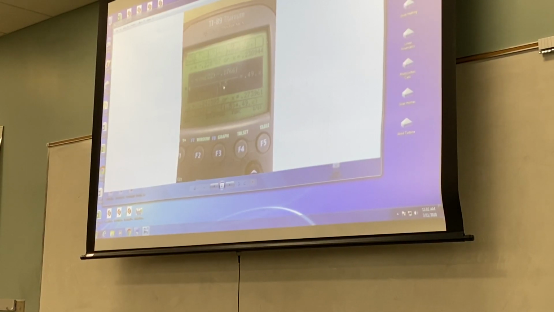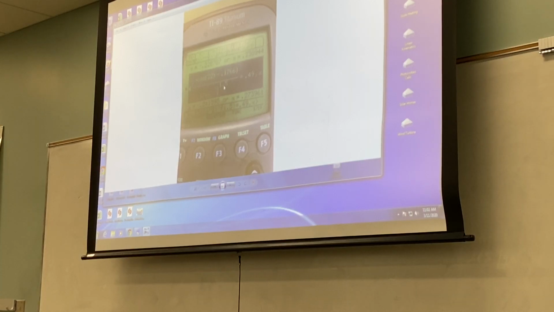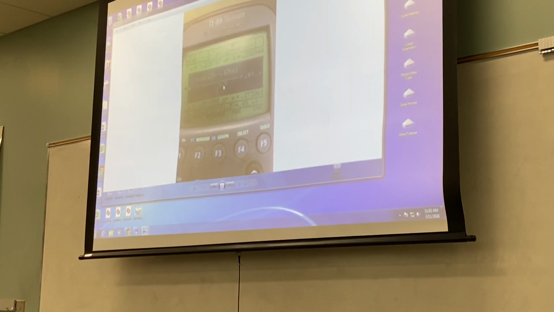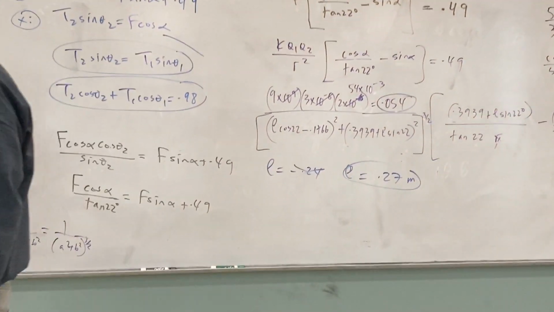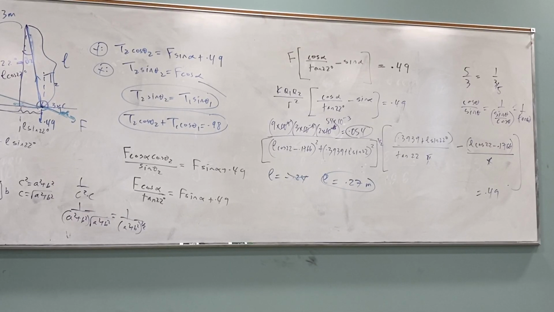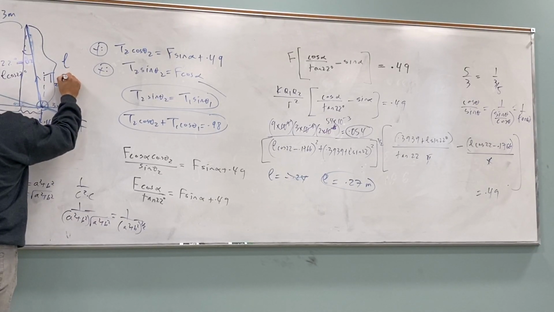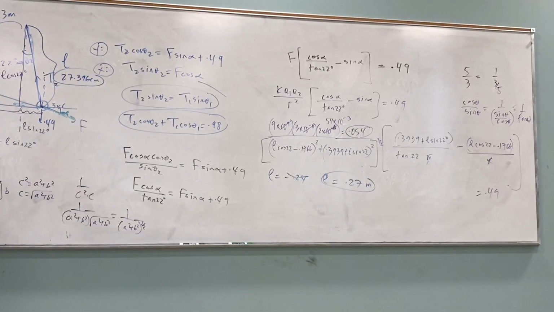So L came out negative 0.24, which doesn't make sense. The other solution, 0.27 meters. 0.27396. So that's 27.396 centimeters, right? If you go back to centimeters. So 0.27 meters, yeah, 27.396 centimeters.